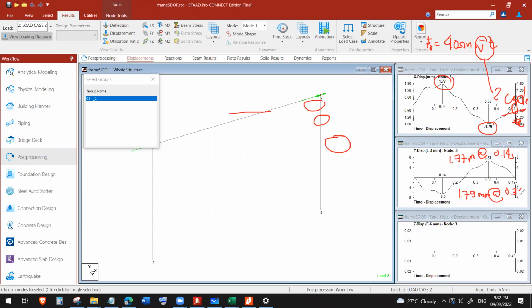So that's the maximum deformation of our single degree of freedom problem with an applied harmonic force of 40 sine omega bar t. Okay, so let's try to solve this manually.